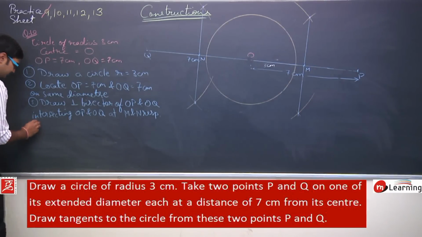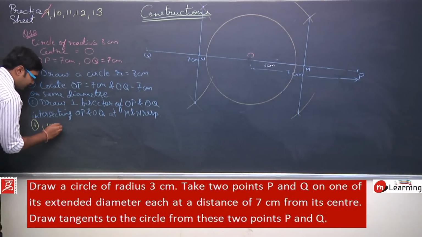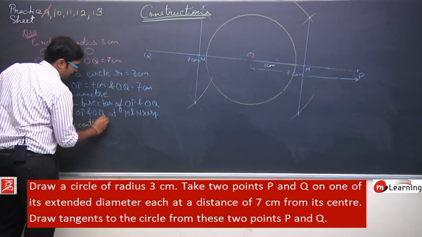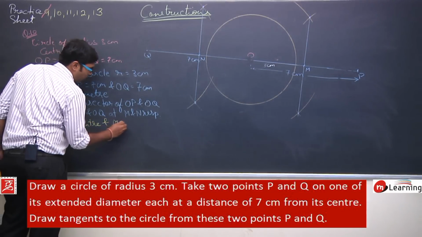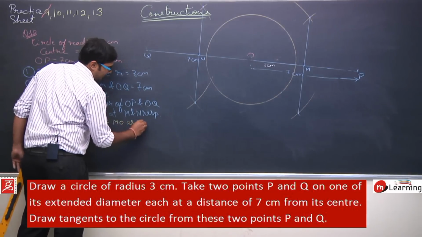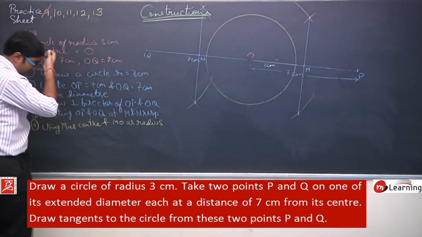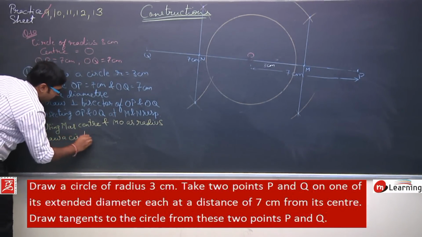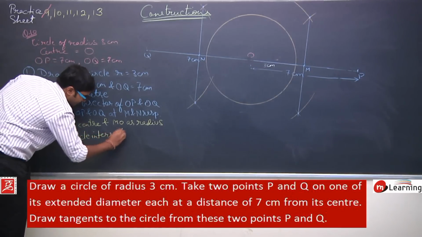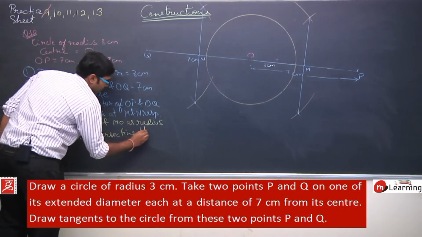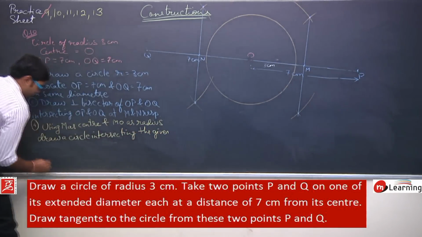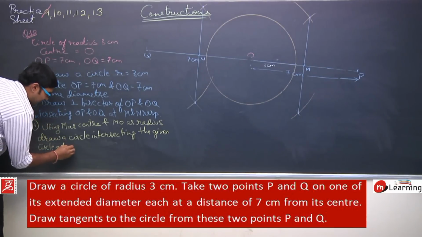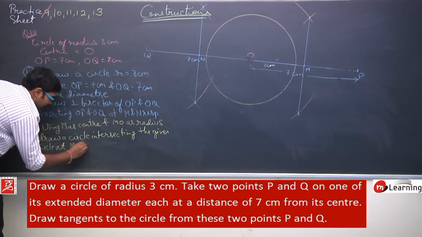Now, the next task is using M as center and MO as radius, draw a circle intersecting the given circle at, let us say, M1 and M2.